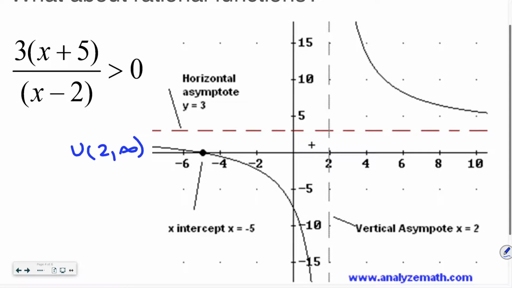And what was the other place you said? Less than negative 5. Are you talking about like this right here? Yes. Okay. So less than negative 5, but greater than 2. Right? That's what you described to me. I just converted it to interval notation for you.